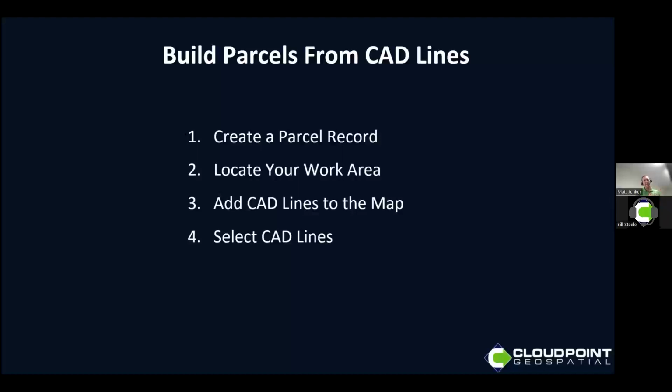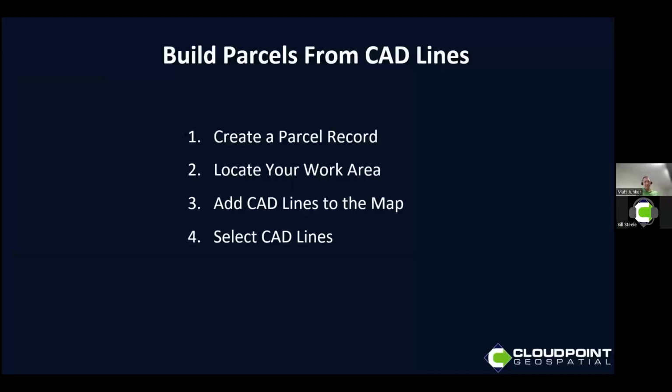Step one in that task is going to allow you to create that parcel record. You click next, you go to step 2, and this is your opportunity to locate your work area. You can either navigate to it on your own, or you can use the locate tool. You could also skip this step if you need to.